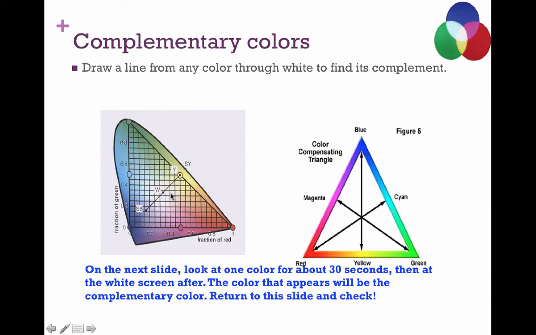We're going to do this exercise briefly. When you look at an afterimage color, what you're seeing is a true complementary color, like what the color triangle would show you. So if you stare here at the center in between the blue and the green, we'll stare at it for a while. What we'll see when we look at a white background in a moment is the true complementary color of blue.